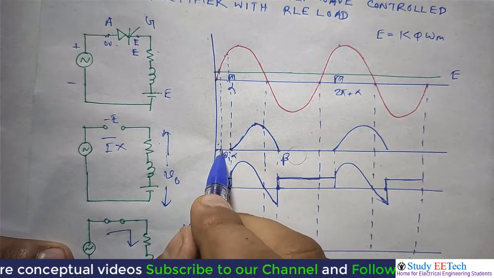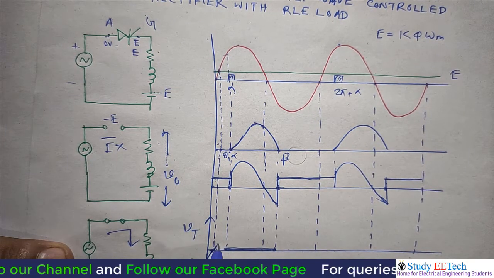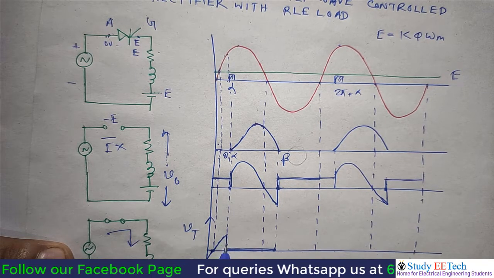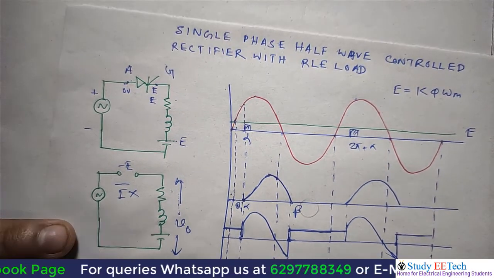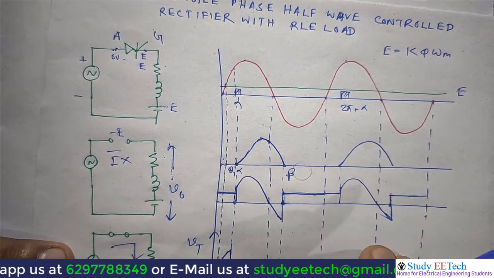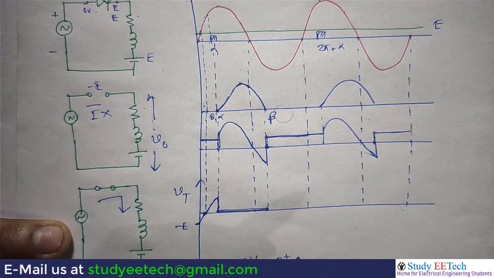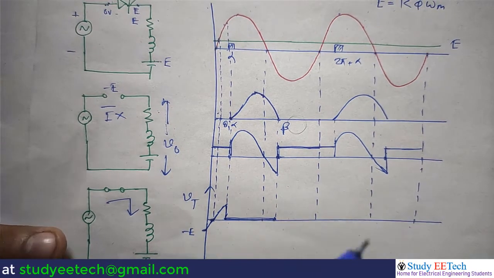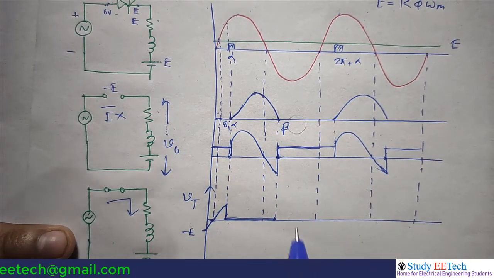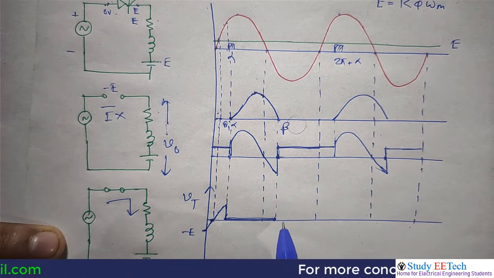So from theta 1 to alpha, we will get a positive voltage, something like that, and that voltage is basically Vm sin omega t minus E. Well, I could have explained the whole thing through mathematics, but here in this video I am taking just a graphical approach, and it is always better to take the graphical approach. So we will get this one.